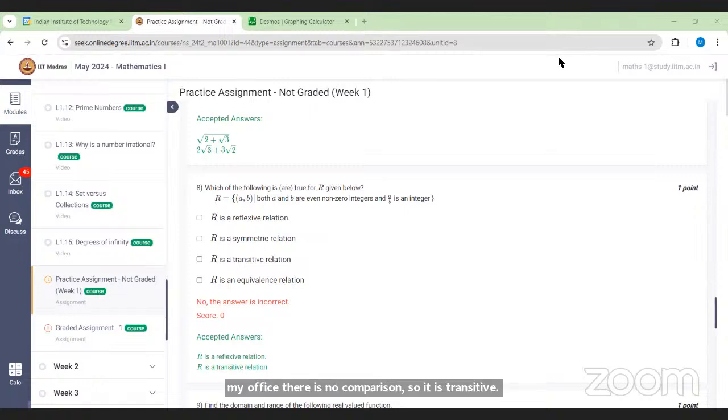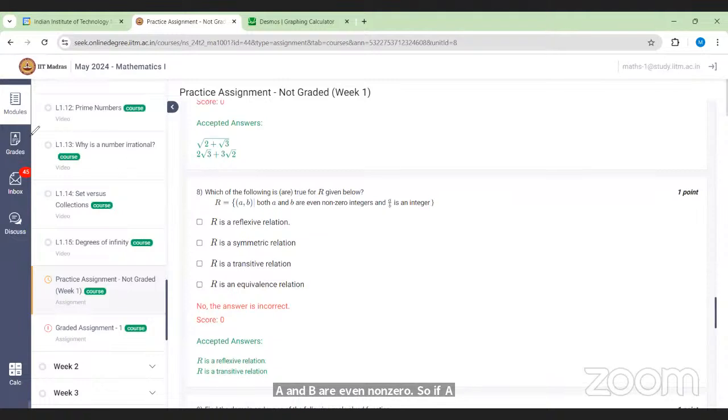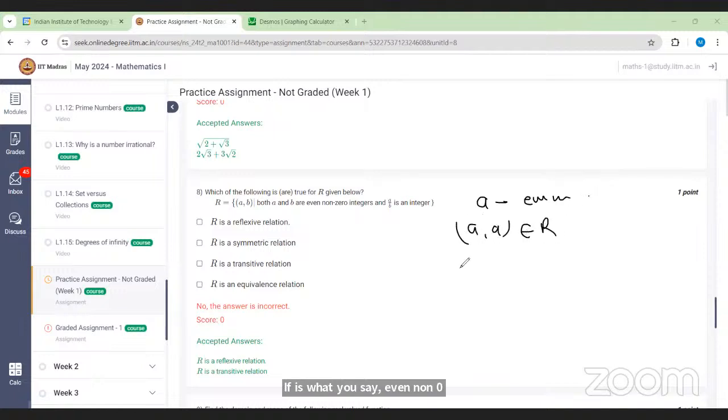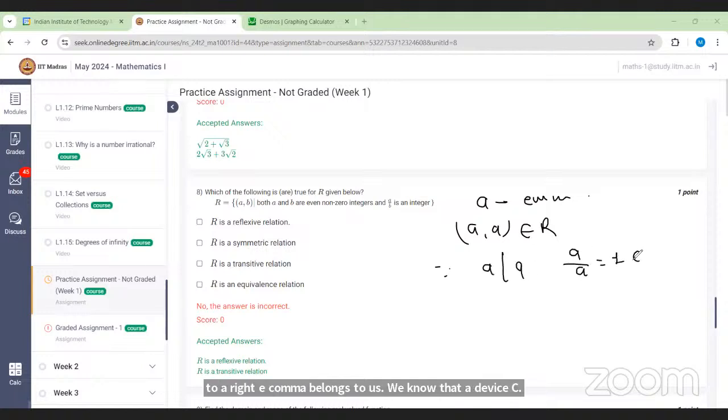But I don't know why it is reflexive. Because every integer is divisible by itself, right? If both A and B are even non-zero integers, and A is an even non-zero integer, then A is related to A, because A is also divisible by A. A comma A belongs to R, as A by A is nothing but 1, and 1 is an integer.